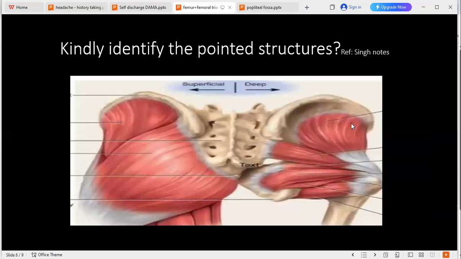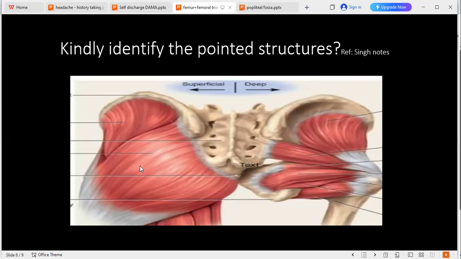Please identify, this is the superficial and this is the deep, as you could see. I want you to identify from here. What is this? This is ilium, sacrum. Gluteus medius. Okay, and then this one.